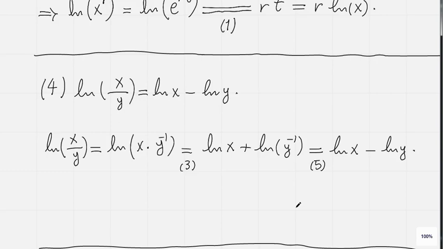So ln of x over y is equal to ln of x times y to the negative 1, which is equal to ln x plus ln y to the negative 1. But by property 5, we have that ln y to the negative 1 is negative 1 times ln y, which means that this addition is going to be ln x minus ln y. That proves property 4.